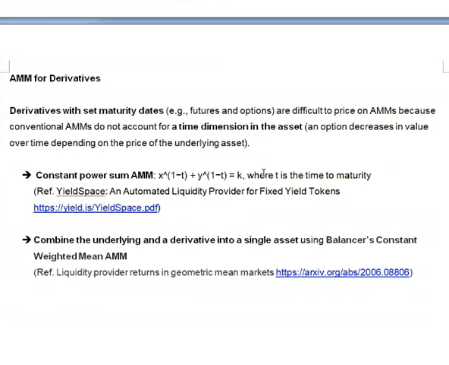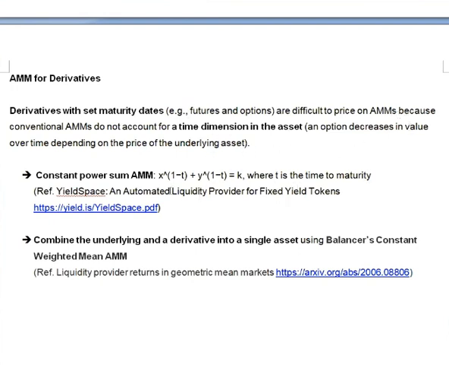Finally, here is a more advanced topic. Recently there are many derivative markets going on in the DeFi space. For example, if they are related to time, so your value changes with respect to time, like futures and options, traditional AMMs cannot handle this. So you need to put in the time dimension.